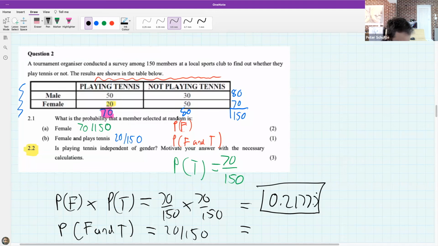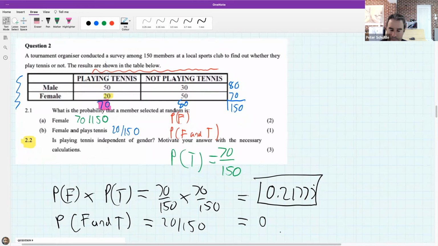0.21777 recurring, or 7778, or 0.22 if we're rounding off. And then 20 divided by 150 is going to be what in decimal? I think it's going to be 0.133 recurring.